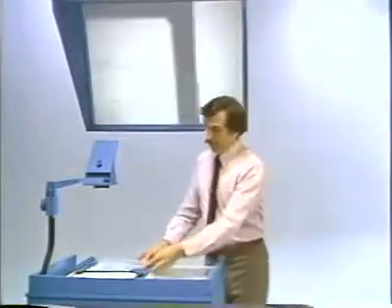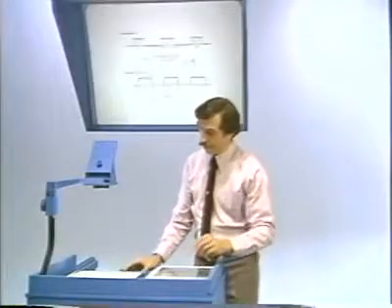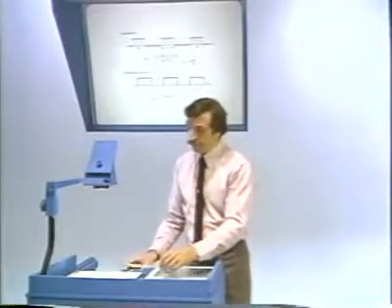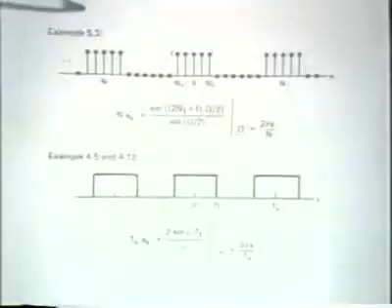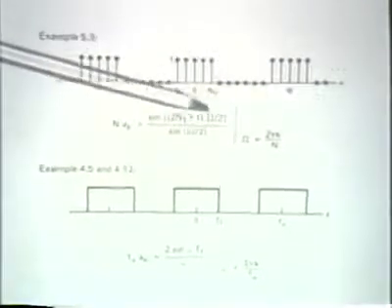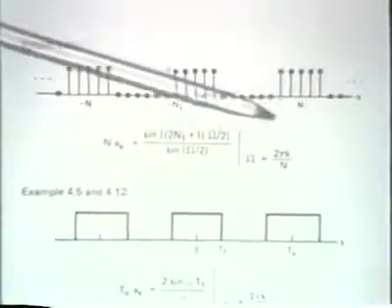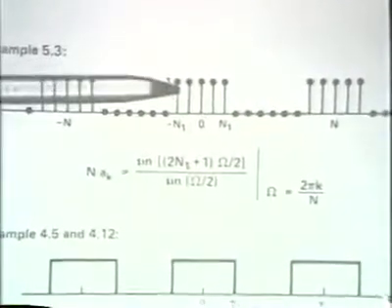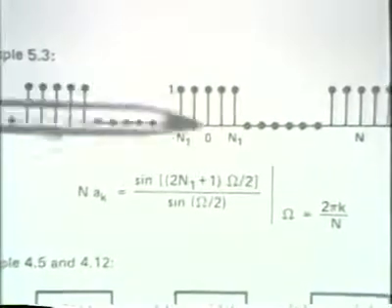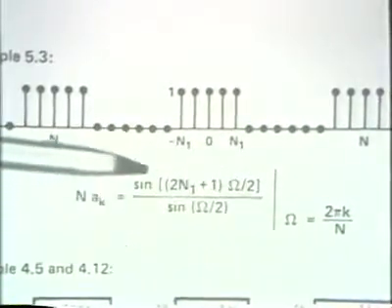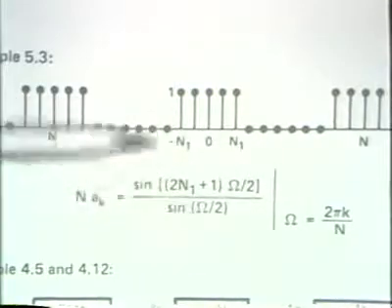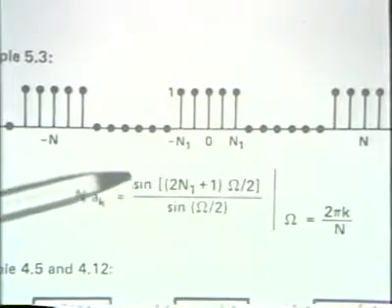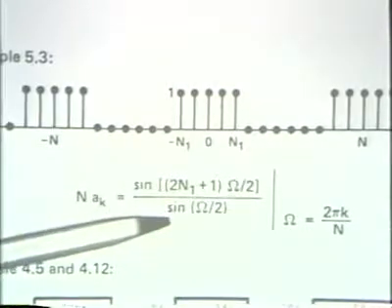Okay, let's look at another example. This is another example from the text, and one that we'll be making frequent reference to in this particular lecture. It is a square wave, and I've expressed the Fourier series coefficients, which are algebraically developed in the text, as samples of an envelope function, which is referred to as a sine nx over sine x function.